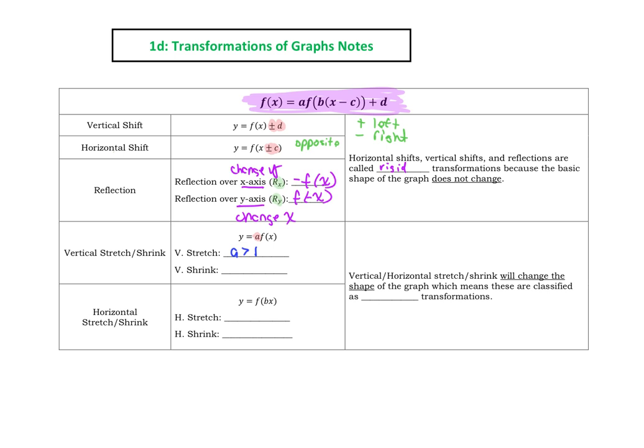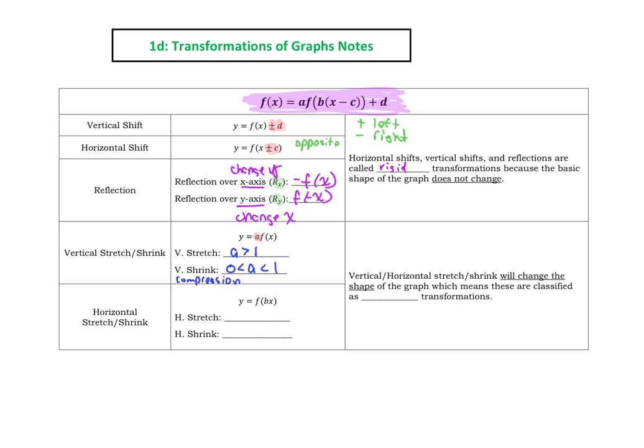Then my shrink, or the other word is compression, which I tend to use more. For compression, the A value is between 0 and 1, less than 1 but greater than 0, like 1/2, 3/4, 2/3. Those would be compression or shrink values.